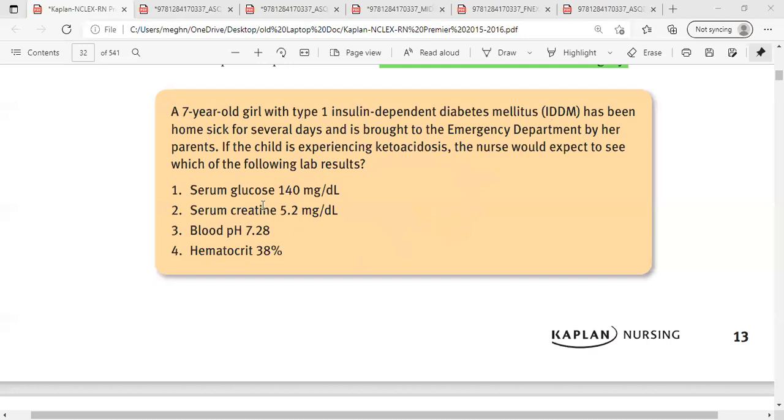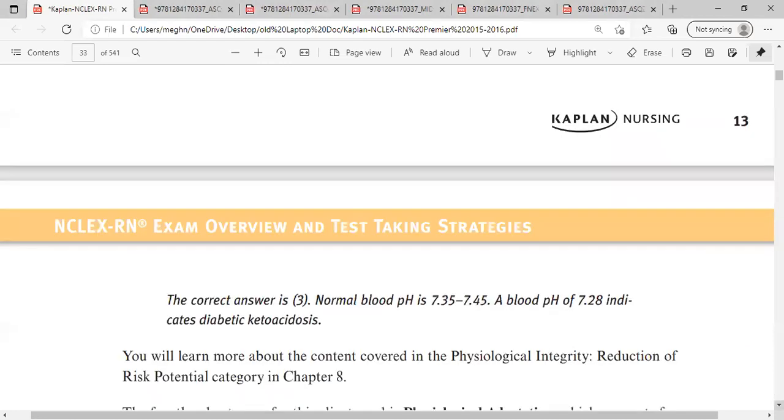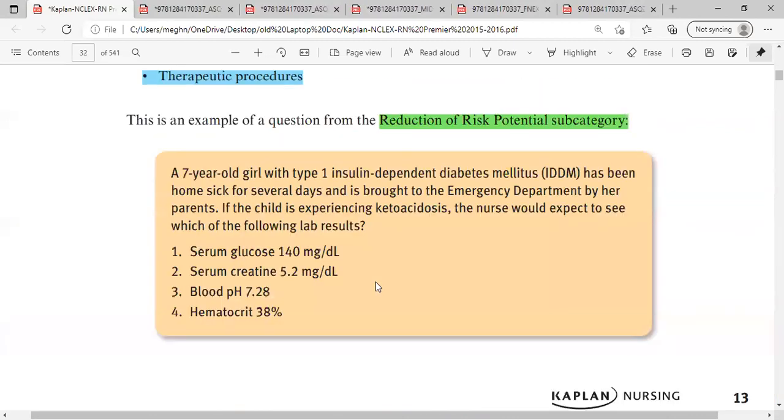Now I have to think serum glucose maybe 140, or I can think the blood pH, because I said a metabolic change occurred, and it is called metabolic acidosis, right? If the patient has the complication of diabetic ketoacidosis, it is more commonly metabolic acidosis.